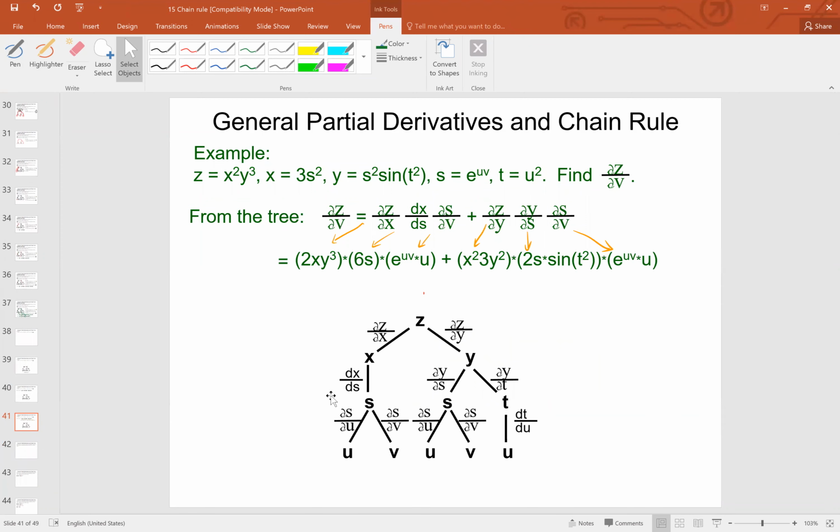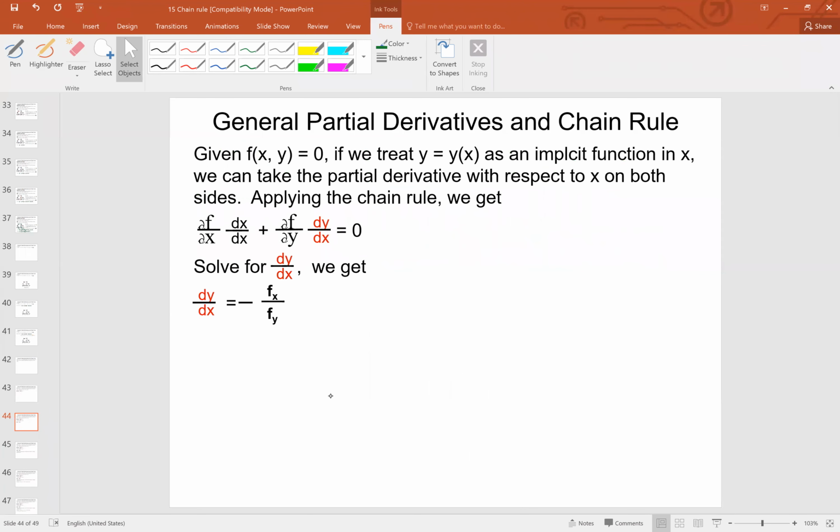Of course, you get the answers in u and v and x and y, depending on what the requirement is. You might want to express everything in u and v, then you have to replace the s and x and y by u and v. But those are just tedious works.